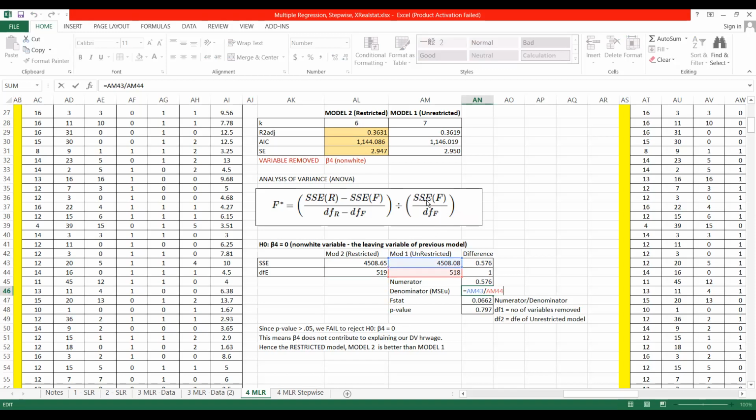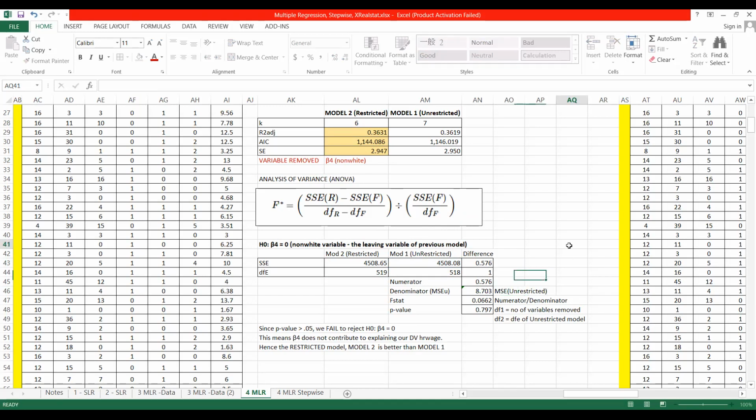This is also your MSE, mean square error, when we divide the SSE. So let me write here, this is the same as your MSE, mean square error, for your unrestricted.